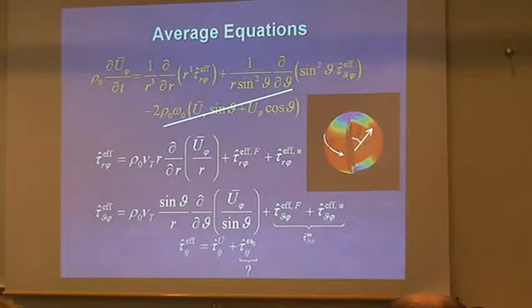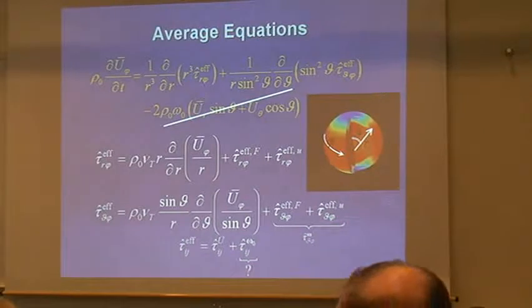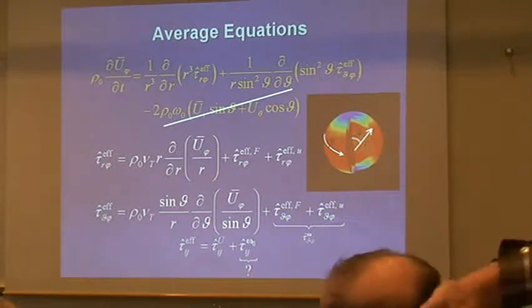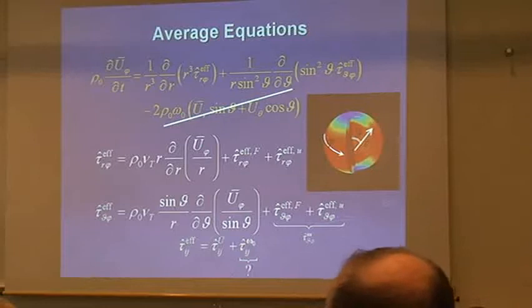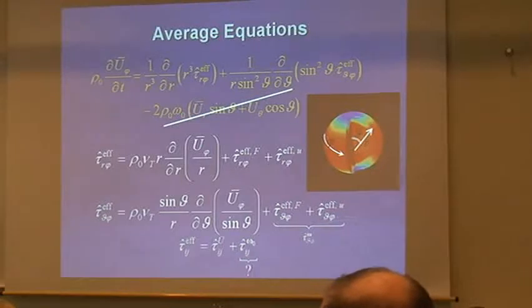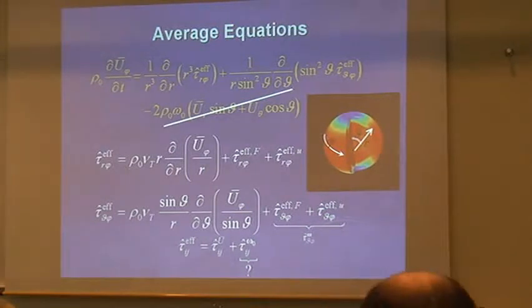So what is this tau? Tau is nothing but rho u r u phi, minus tau r phi, rho 0 u theta u phi, tau r theta phi.